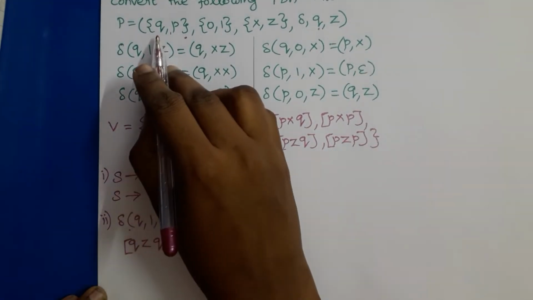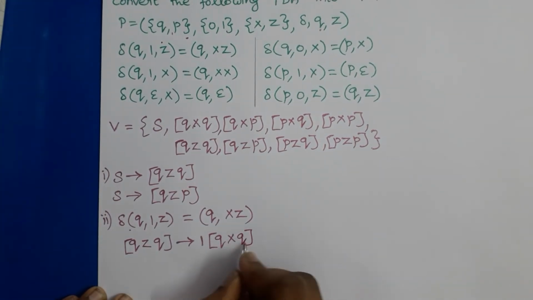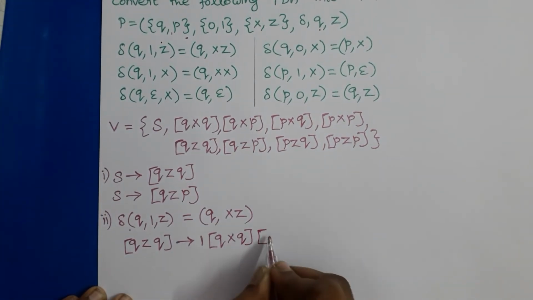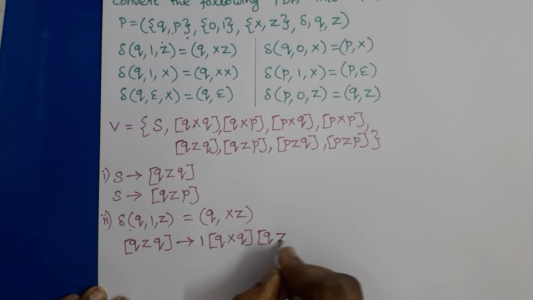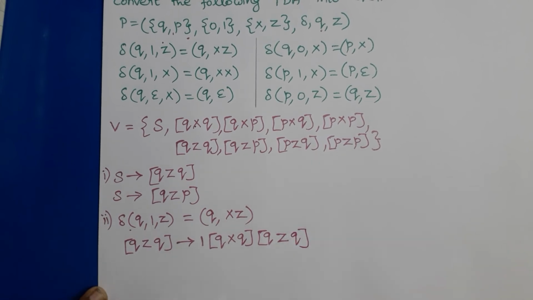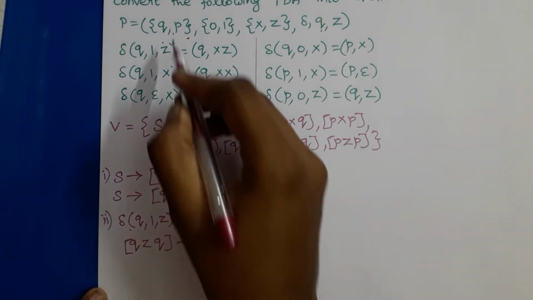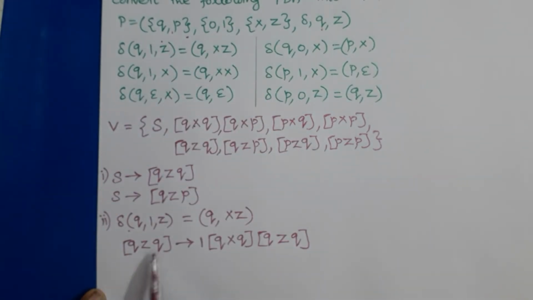So first I am going to consider Q. Whatever state I have written here, I have to start the next non-terminal with it. So Q is written here means here also I have to write Q. Then Z should be written here, and this same state should be written over here. So Q, Z, Q tends to 1, Q, X, then Q, then the same Q, Z, and this Q must be written over here.